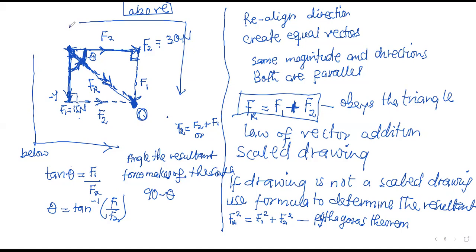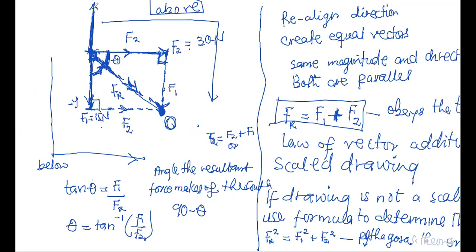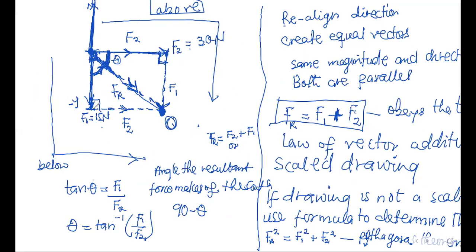The other point is that, for bearings, angular measurement is taken from the north. So this is the north axis. This is the north. This is the south. This is east.